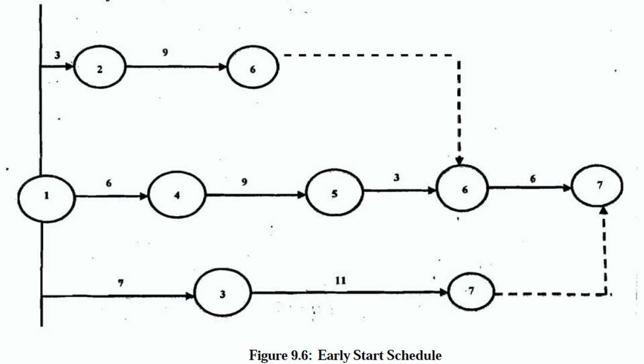Three weeks have passed for the activity from event 2 to event 6, so it's already 3 weeks old. And activity 1 to 3 is about to be completed in 1 more week, because it requires 7 weeks time. So like that you can make an assessment of the present scenario of my project as far as the early start schedule is concerned.